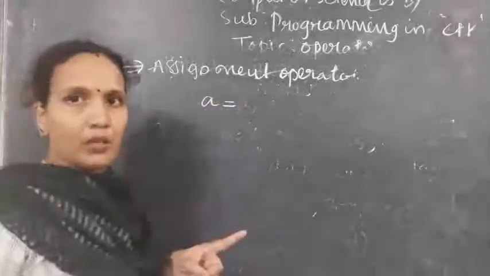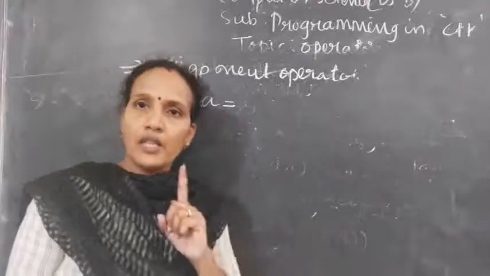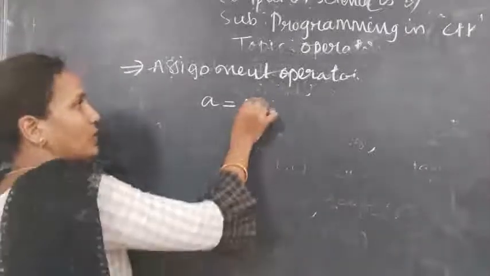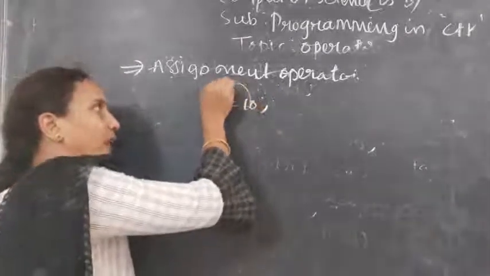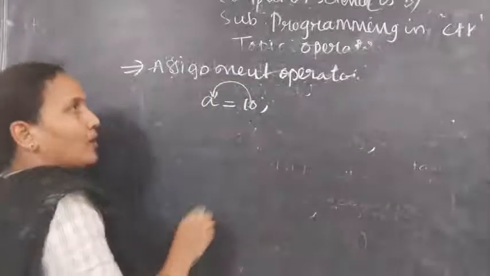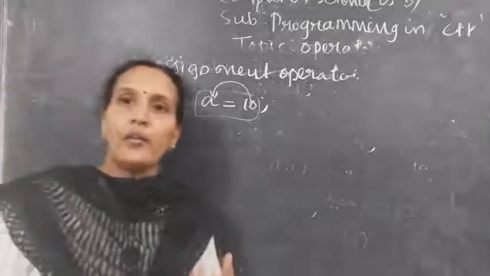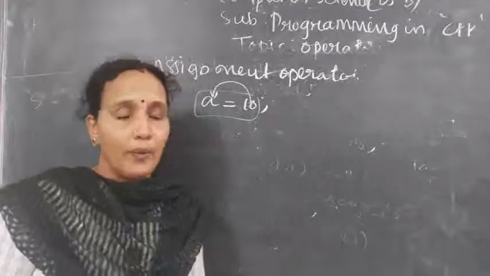It is a single equals to. If it is a double equals to, that is a comparison. Only the single equals to comes under assignment operator. A equals to 10, for example. So we are assigning the value 10 to variable A. This is called the assignment operator. If you are assigning any value to a variable, that is possible by using an assignment operator.